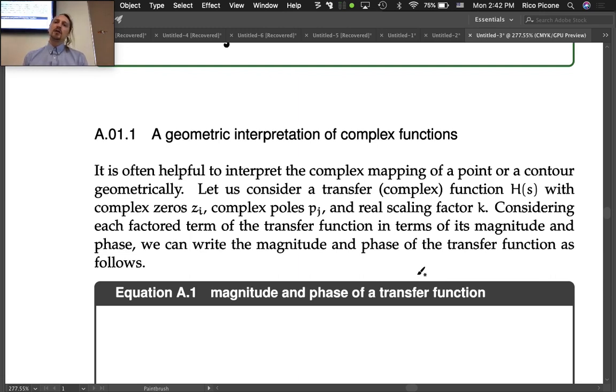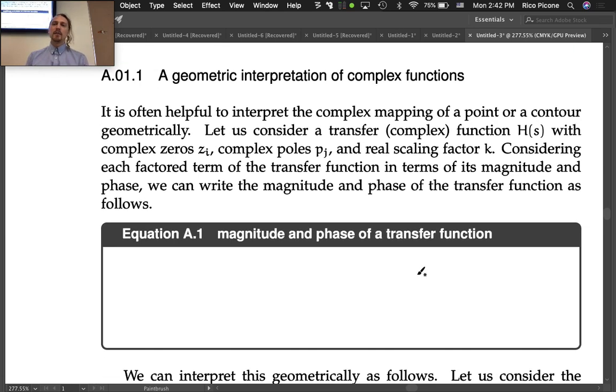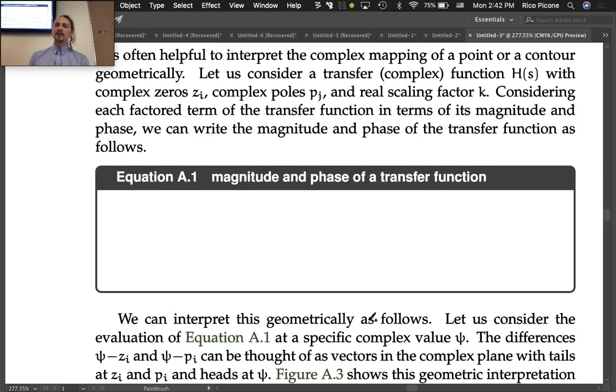Let us consider a transfer function H of s, with complex zeros zi, complex poles pj, and real scaling factor k. Considering each factored term of the transfer function in terms of its magnitude and phase, we can write the magnitude and phase of the transfer function as follows.